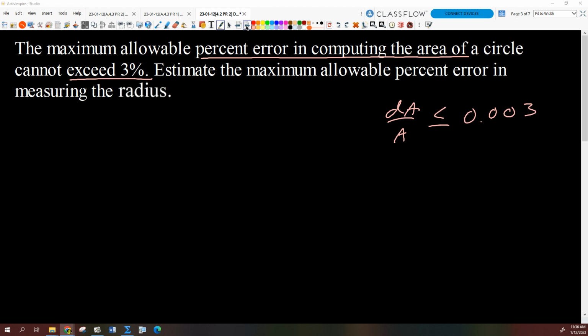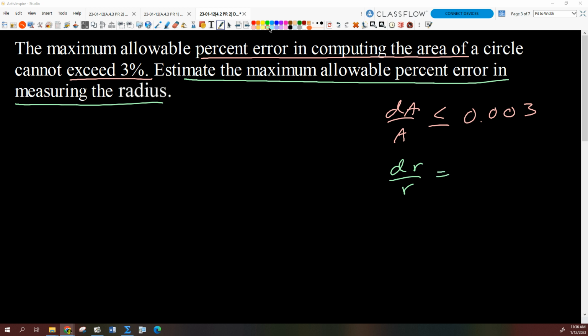Okay, what are we trying to estimate here? dr over r, right? So we're given the maximum allowable propagated error, and we're asked to find the corresponding maximum allowable measurement error. So dr over r is what, I guess, right?